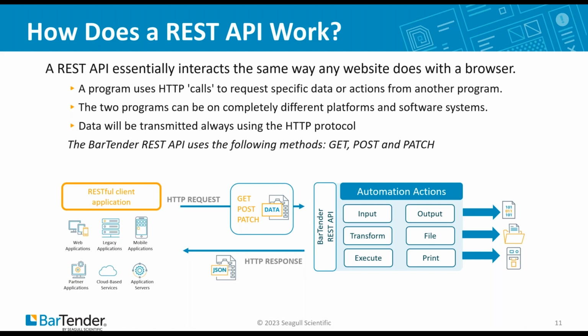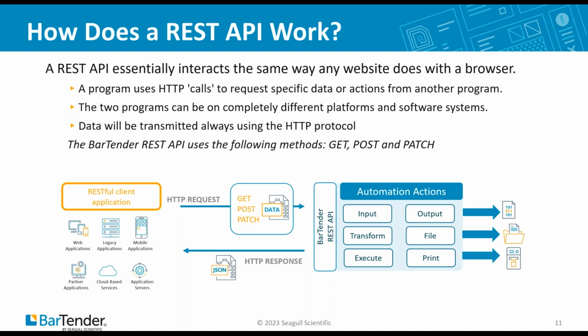Now you'll see here it says get, post, patch. If you're not familiar, those happen to be 3 different standard methods for having data exchanged between 2 web type browser points. And yes, the REST APIs all use the standard HTML or browser type interfaces.